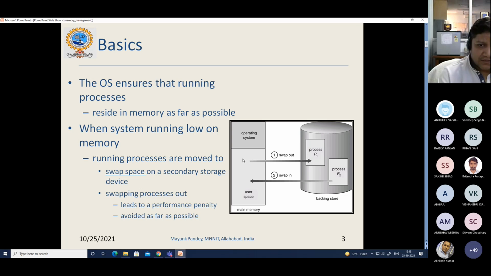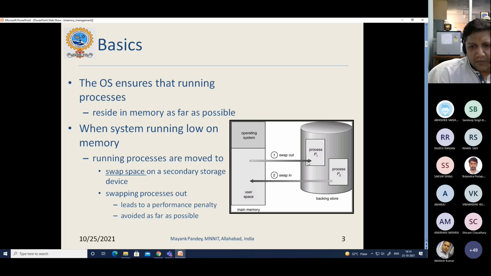A process which is blocked on some IO and remains in main memory is known as blocked state. But when there are many blocked processes all waiting for some IO, the ready queue would be full, so you may need to swap out some running processes also. And when there is a need, that process may be swapped in.